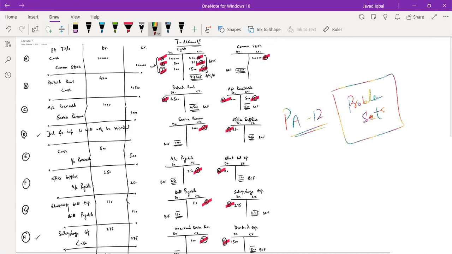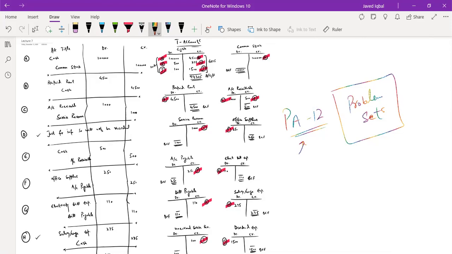And we'll be discussing this question and PA12, which you have practiced by tonight's class, and we'll see what problems we face and how we resolve these.